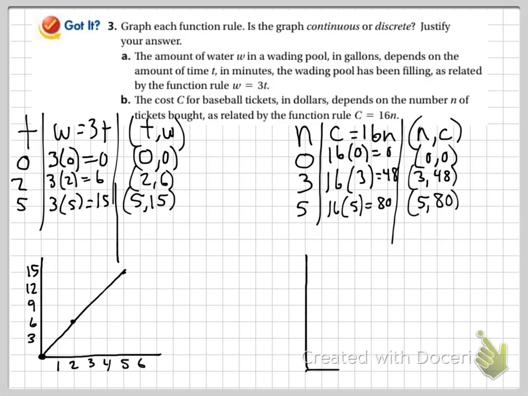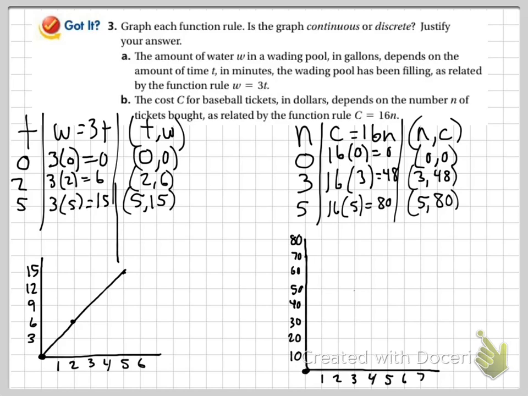Draw my graph in. I'm going to go up by 10s for my y, because I've got to get all the way up to 80. Oh, I need a little bit more room even. And I'll just go up by 1s on the bottom. Okay, so I've got the point 0, 0. That's right there. Remember my origin, that's another word for it. 3, 48.